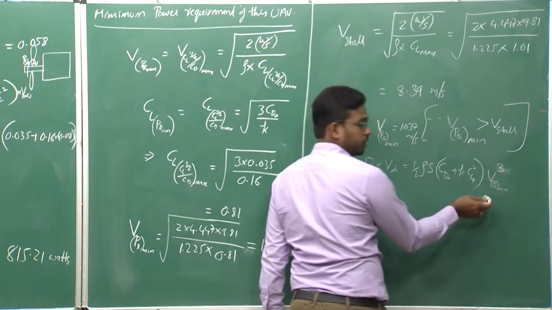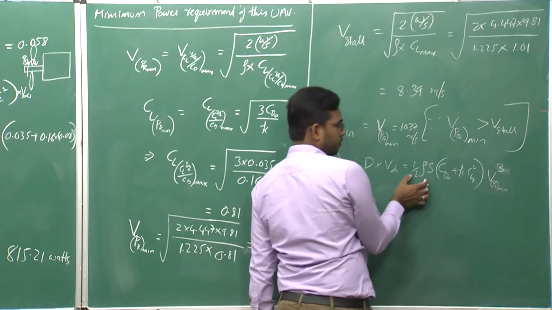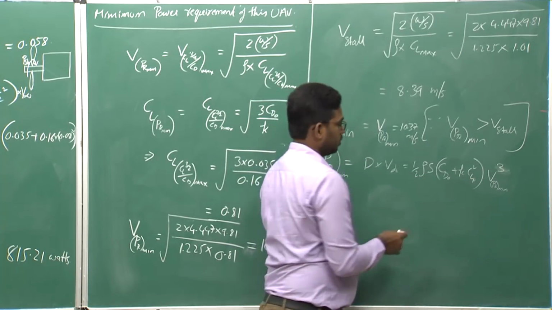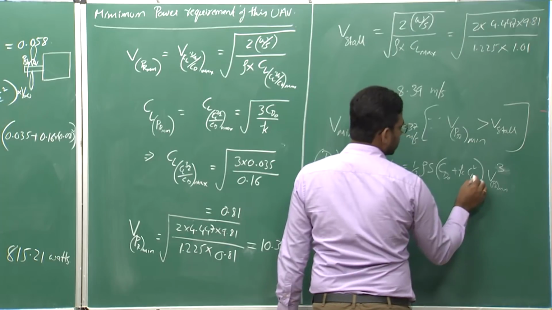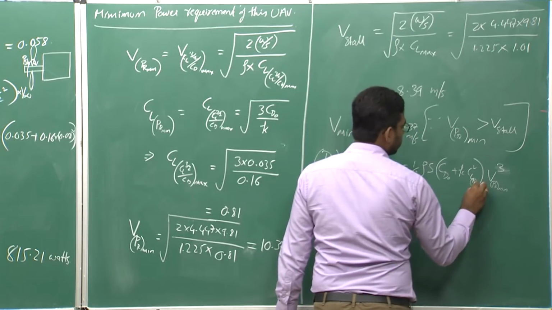Sorry, it is cube, please correct this, because half rho V square and V infinity, it is cube. So, CD naught plus K CL square, CL for power requirement minimum condition.